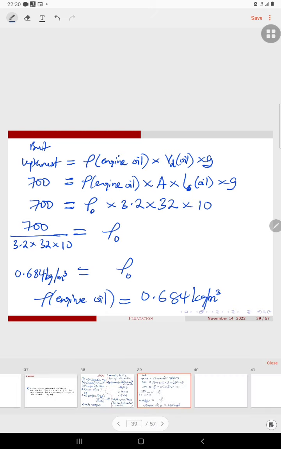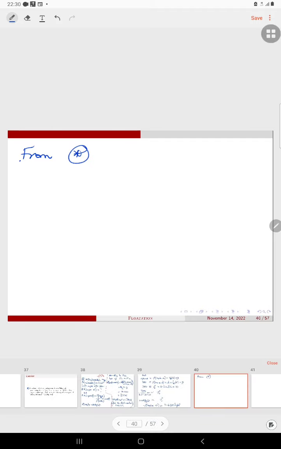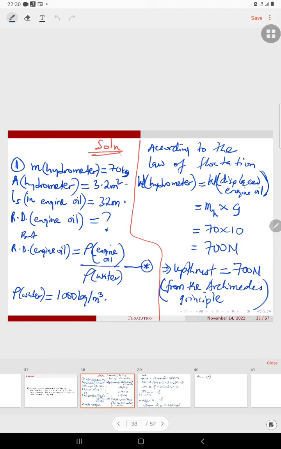Now I'm left with my last step. Therefore, we have already quoted the formula from equation star. We stated in equation star that the relative density is the density of the engine oil over the density of water.